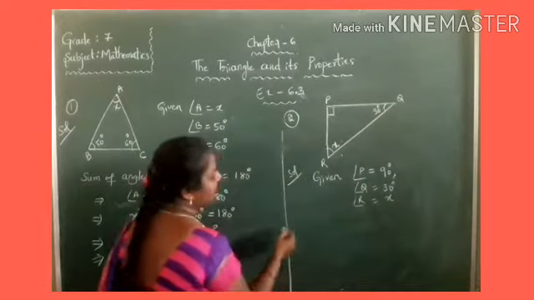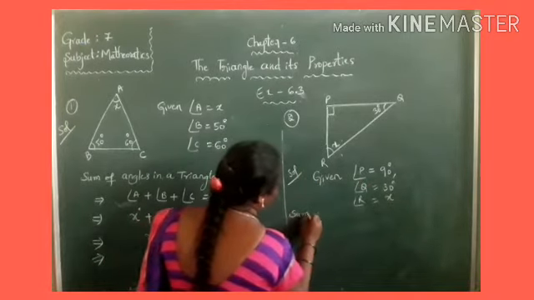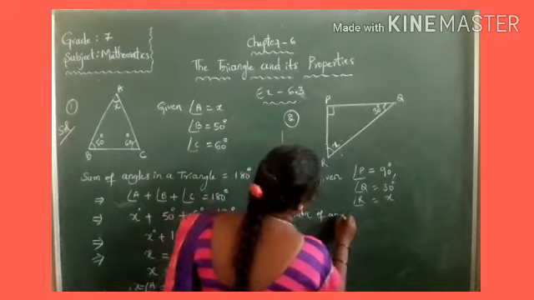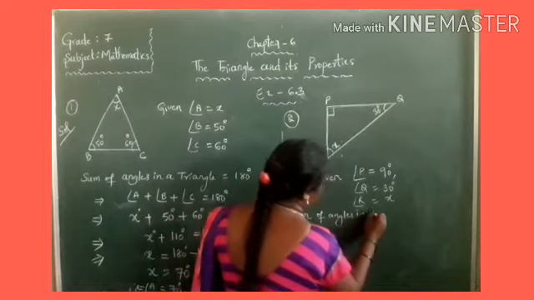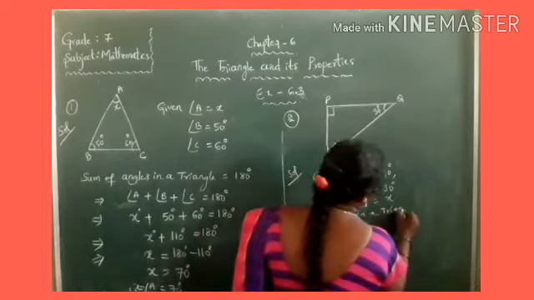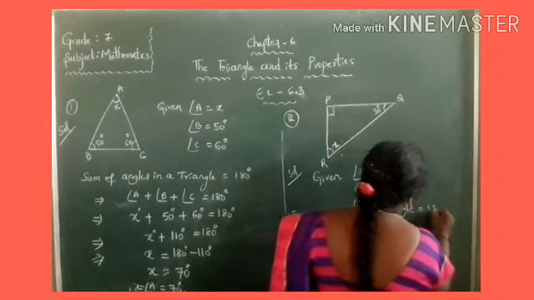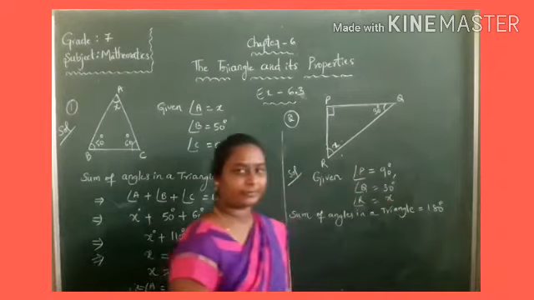We know that the sum of angles in a triangle is 180 degrees, by the angle sum property.